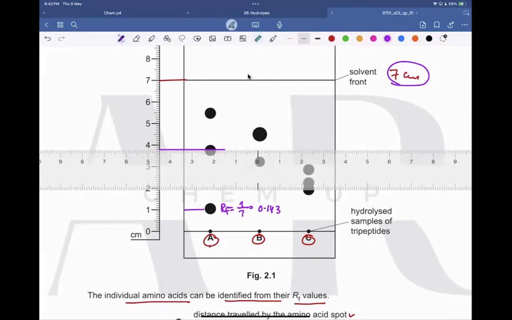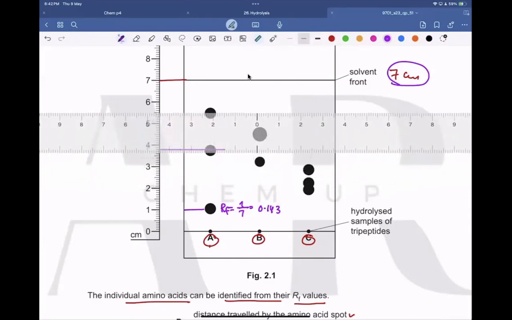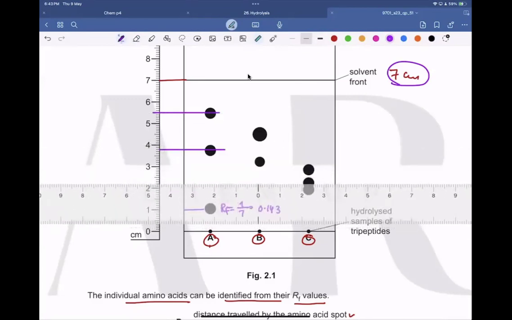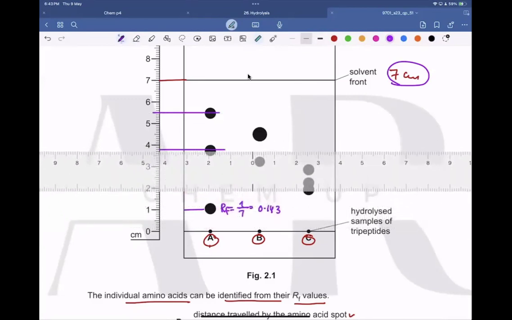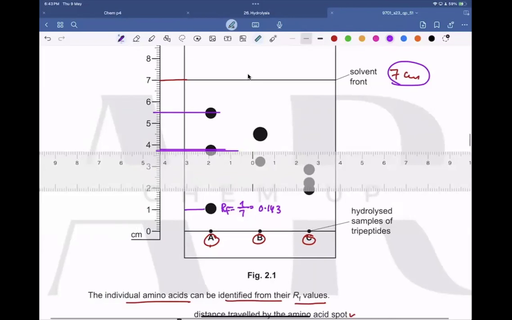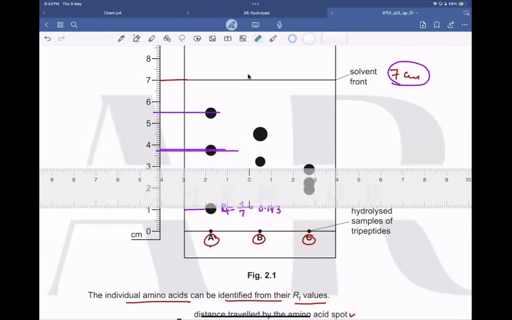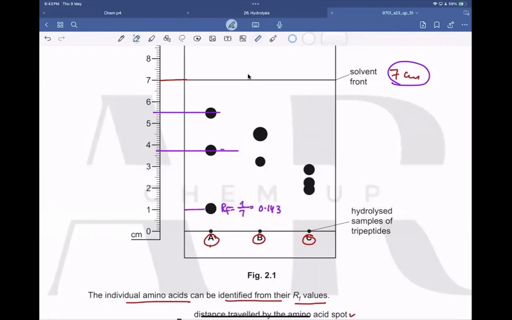Now over here, it's 5.5, so 5.5 over 7, and it's 3.7 over 7.